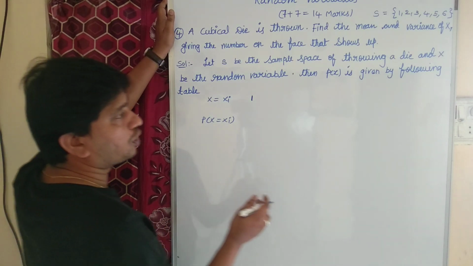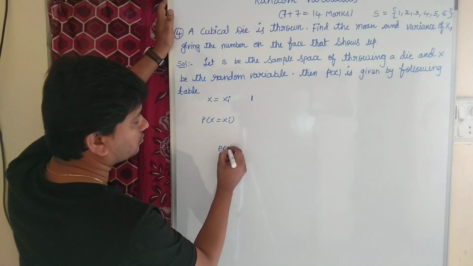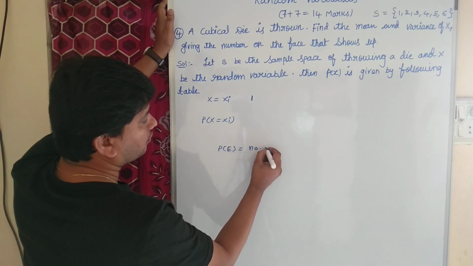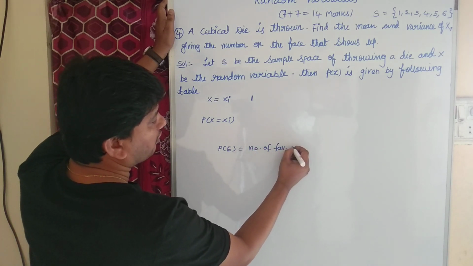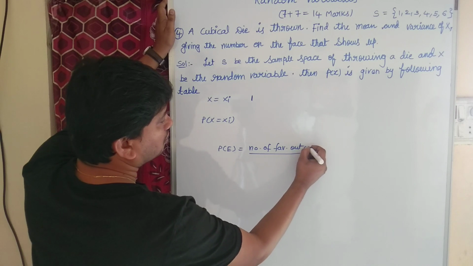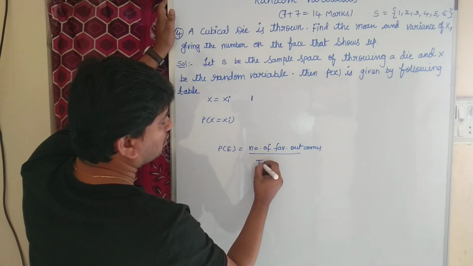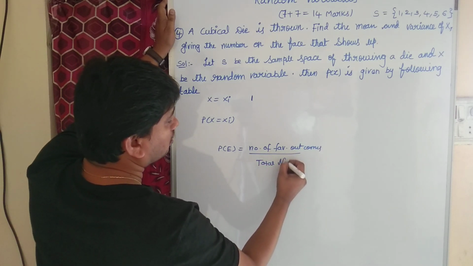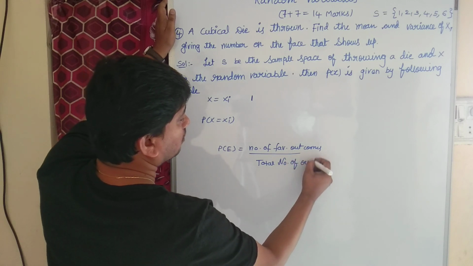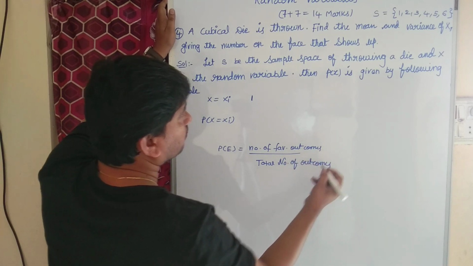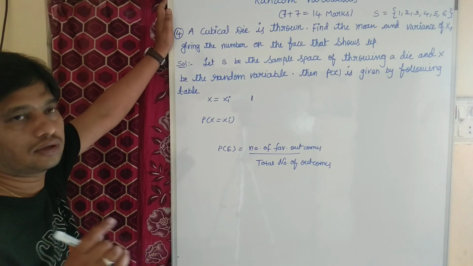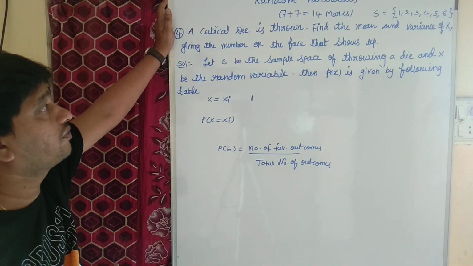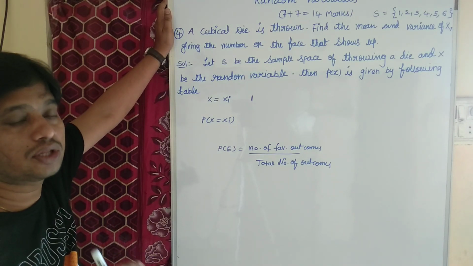We know that probability P of E equals number of favorable outcomes by total number of outcomes. So my first point is, what is the probability of the number 1 on the face?